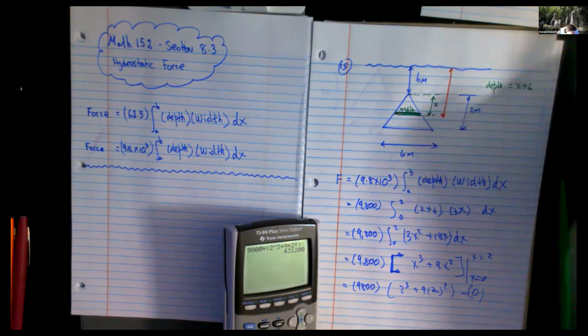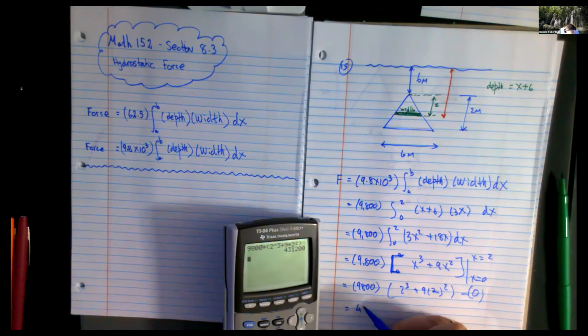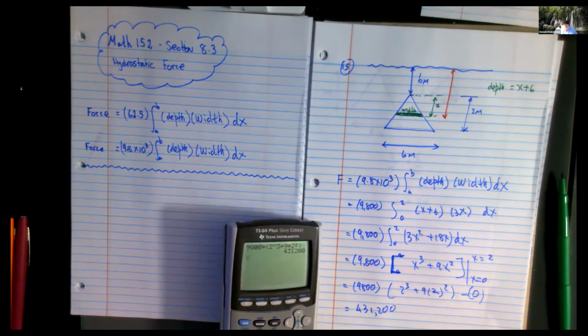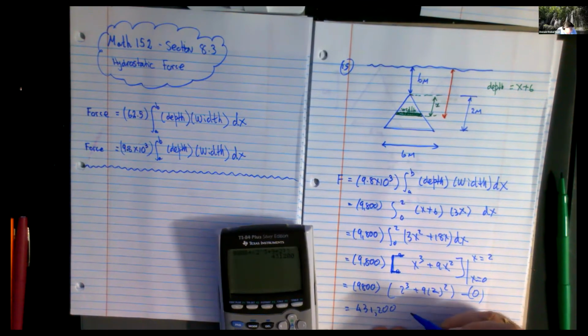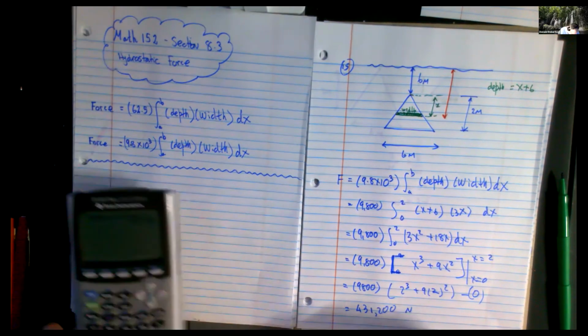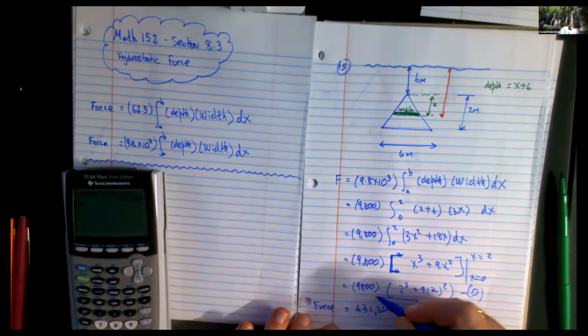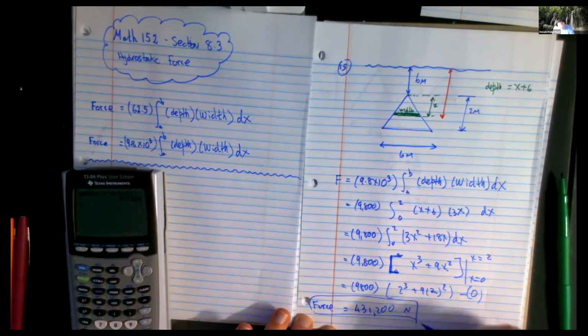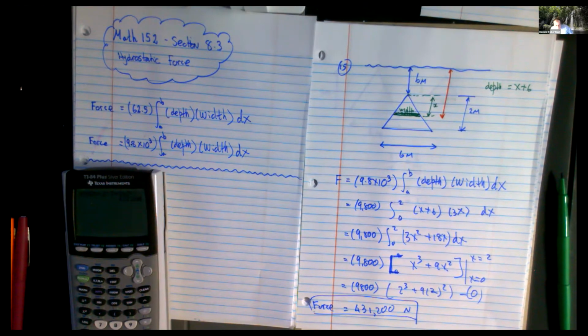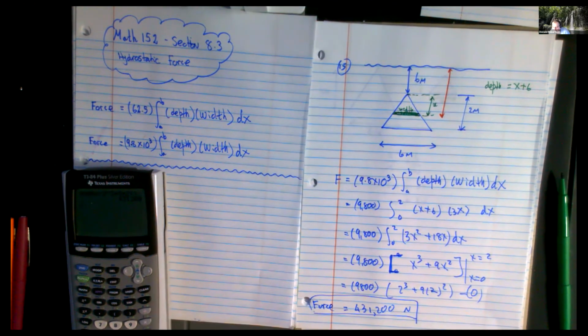Do not be surprised, if you're interested, which you might or might not be, when it's metric, the force is in newtons. So that's over 400,000 newtons of force on a triangular plate being placed underwater.